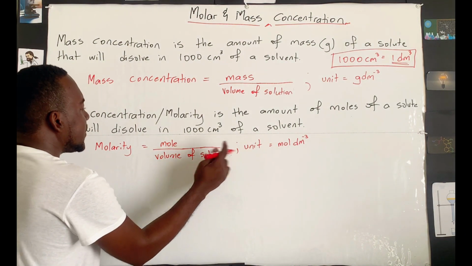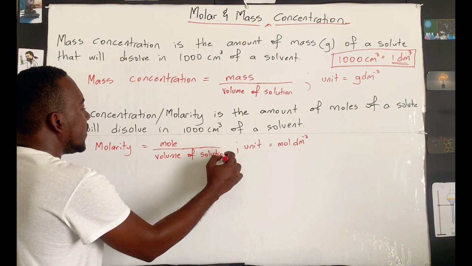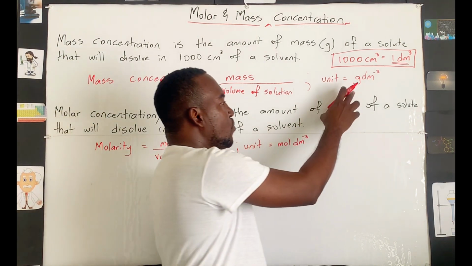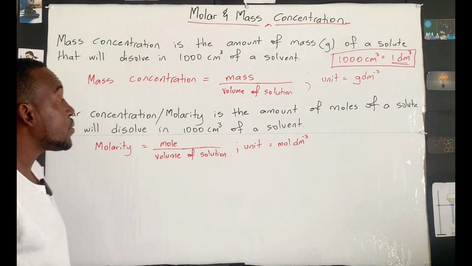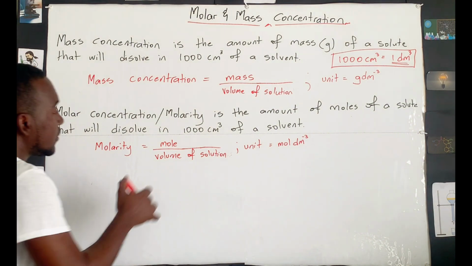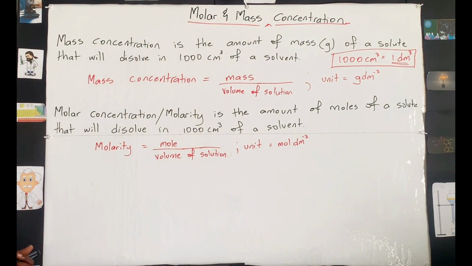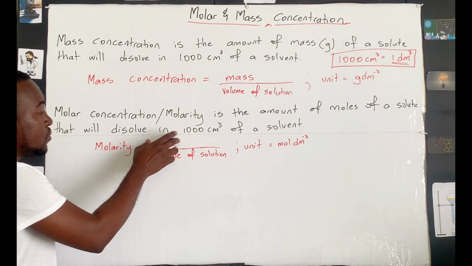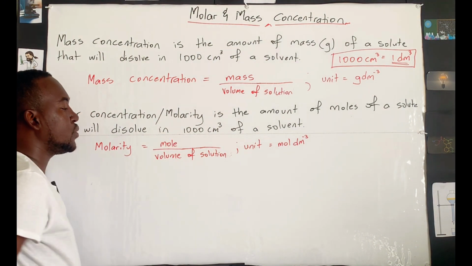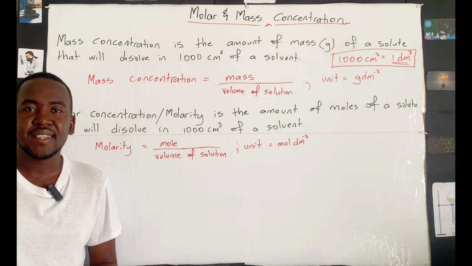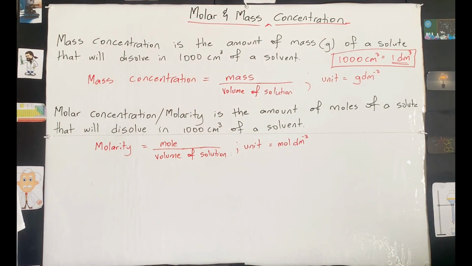What molarity is, basically, instead of mass as in mass concentration, it's the amount of moles of the solute that was able to dissolve in 1,000 cm cube of the solvent. And hence we get that molarity is the moles over the volume of the solution, and hence we get a unit that is mole per dm cube.